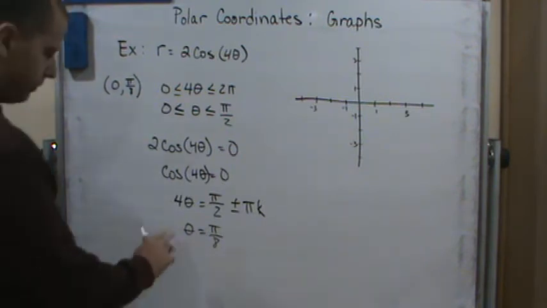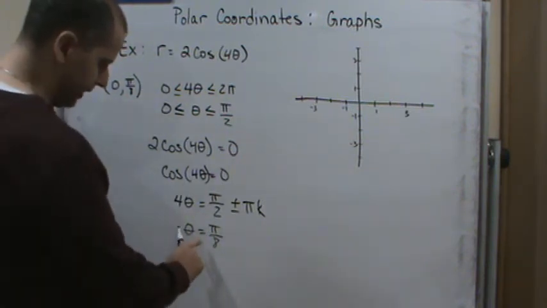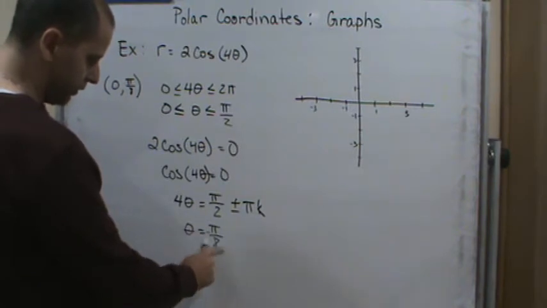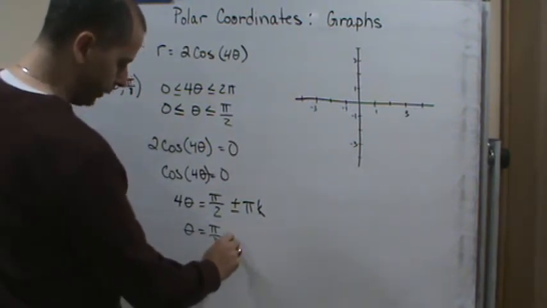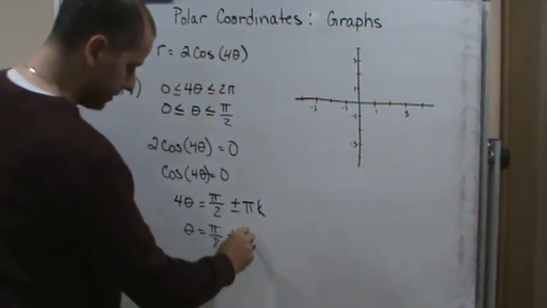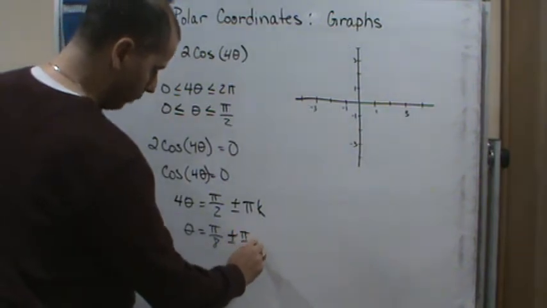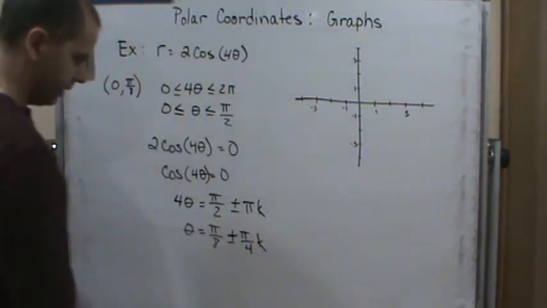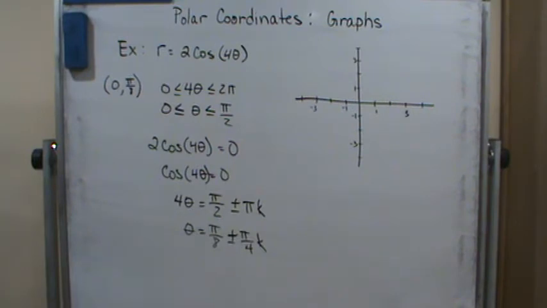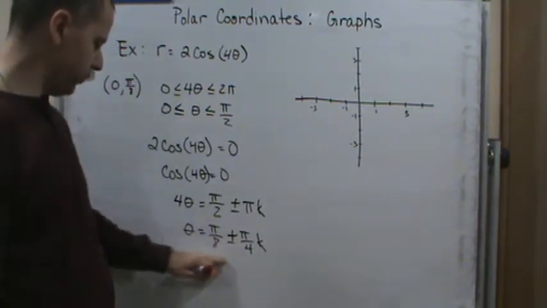That means theta is going to be 0 for pi over 8 plus or minus pi over 4 times k. That's going to be important to know. That's going to be useful.